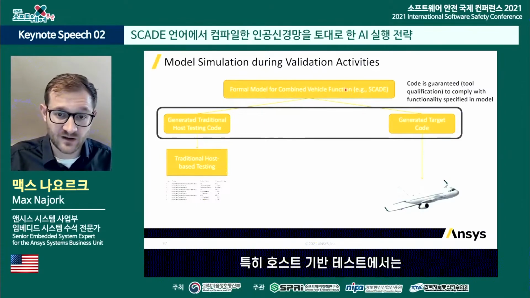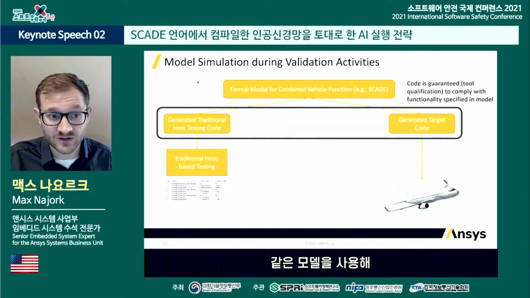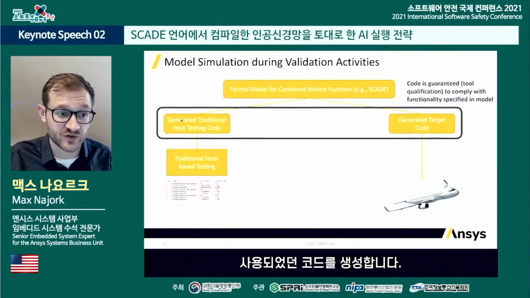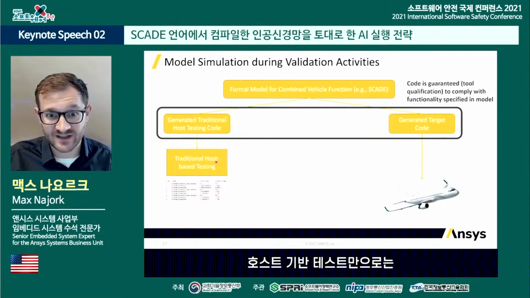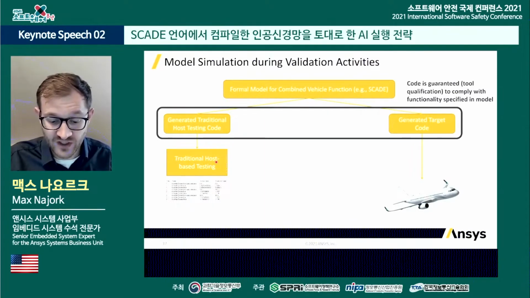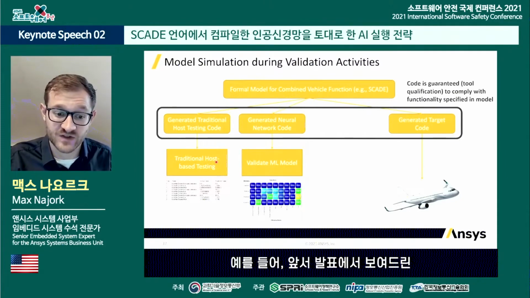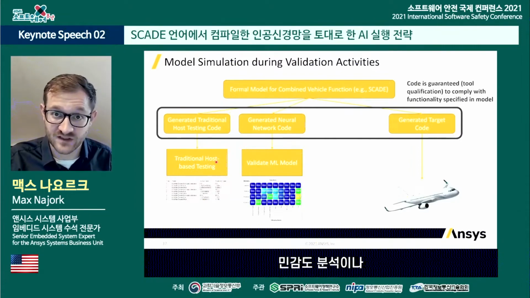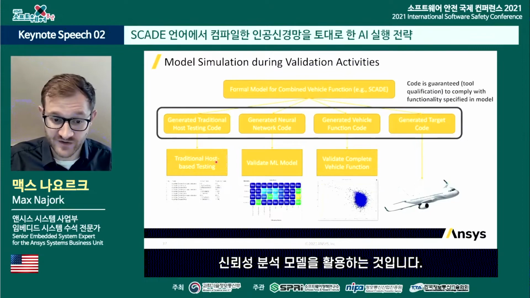Typically in host-based testing, we use the same model to generate the code used for host-based testing as well as for the final target. Now, as we said, host-based testing is not sufficient. So here would come our additional means of verification and validation, such as the sensitivity analysis that we have seen early in the presentation, as well as the reliability analysis.